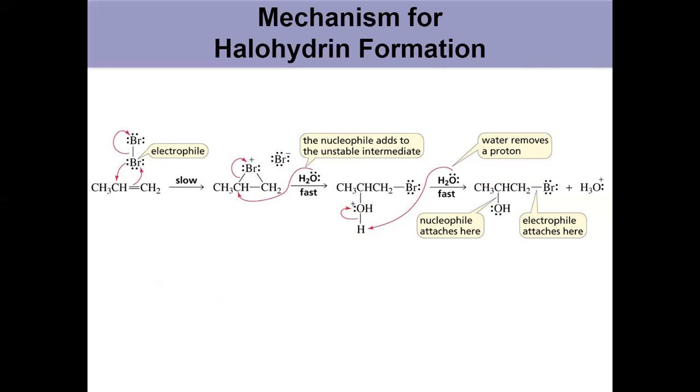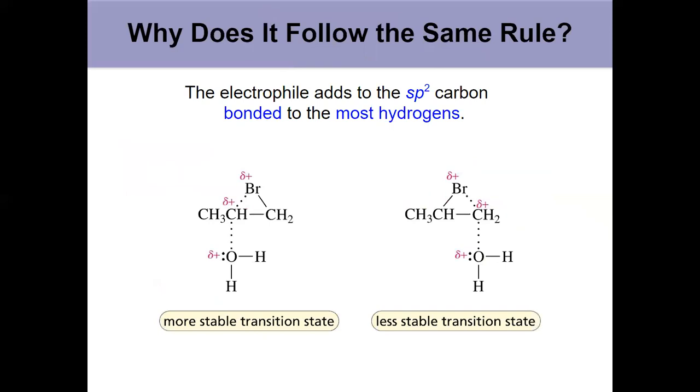So now the question becomes, if I form a halohydrin, how do I know where to put the halogen and where do I put the water? Well, pay attention to Markovnikov's rule. It still guides me the same way. Br or Cl is acting as the electrophile, so it goes to the carbon that had more hydrogens. Okay?